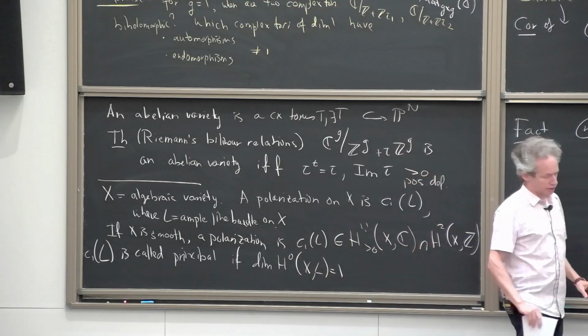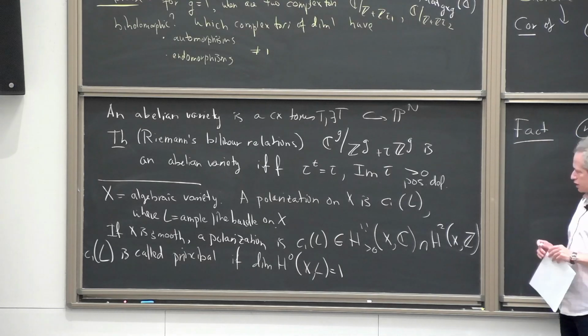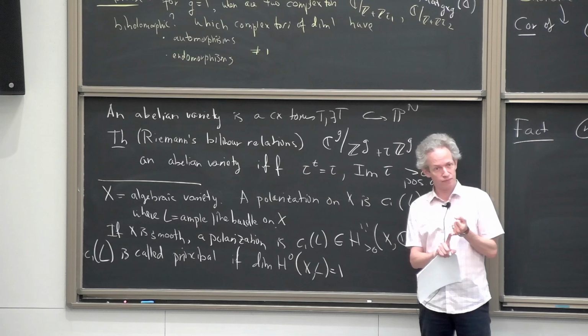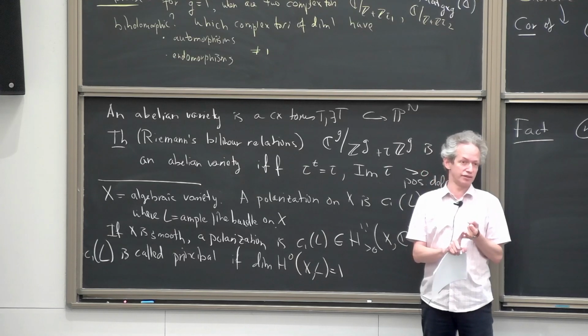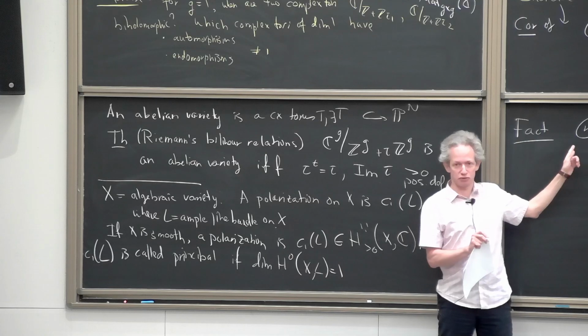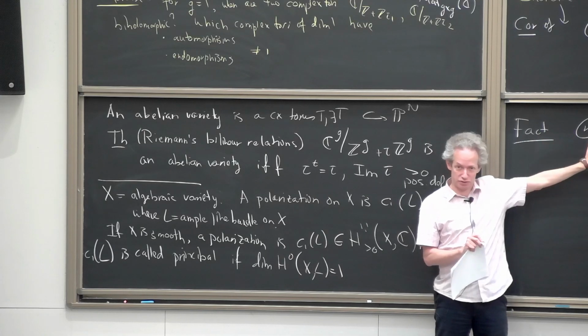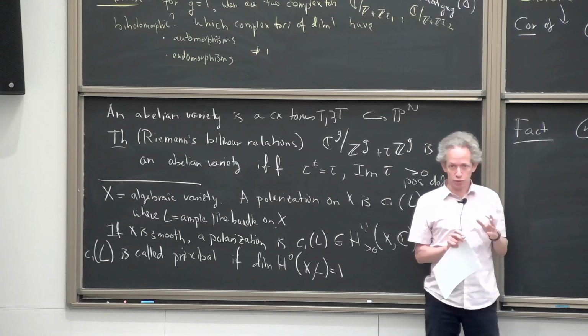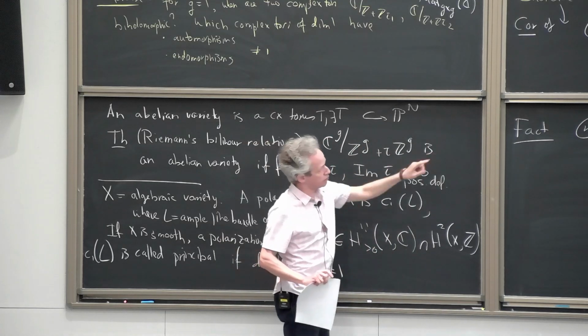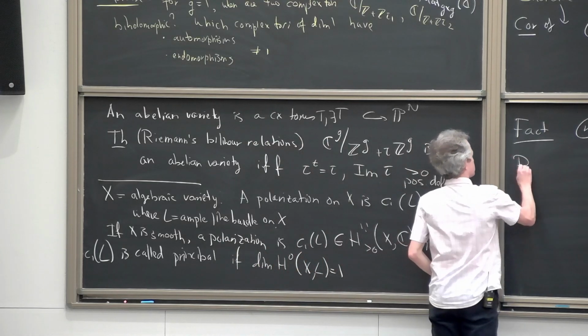So from now on, when I say polarization, I will pretend that I can think simultaneously of three things: an ample line bundle, its Chern class, and the section. Okay? And I will write theta for all of the above just to confuse you. Beware that this is sloppy because I can take the theta and I can translate it.